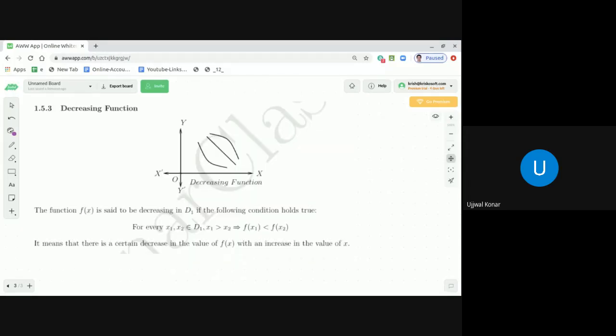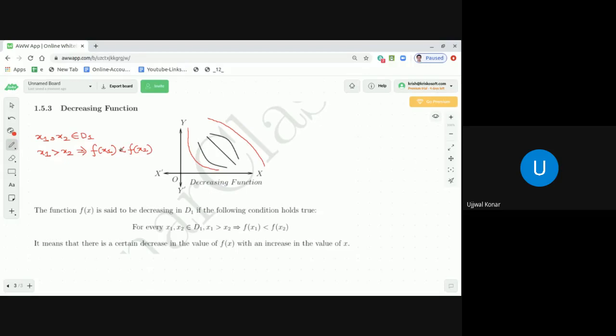As x is increasing, f(x) is actually decreasing. That means x1, x2 belong to D1, x1 greater than x2 implying that f(x1) is less than f(x2).